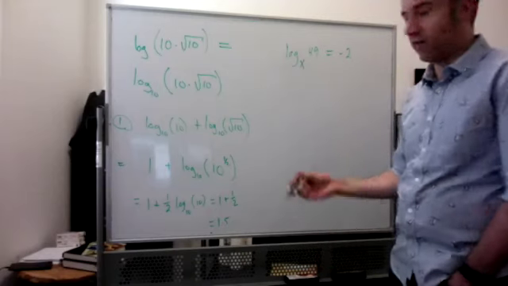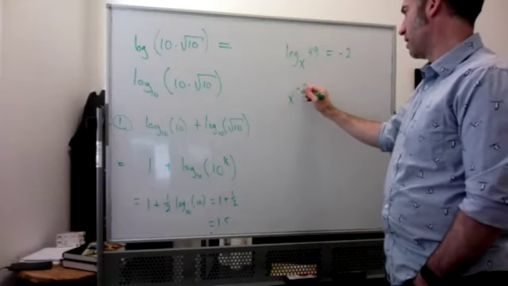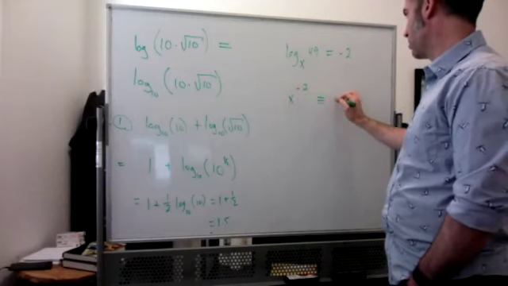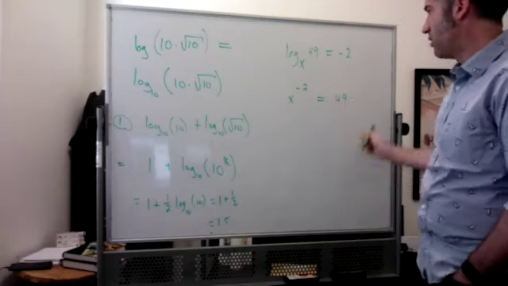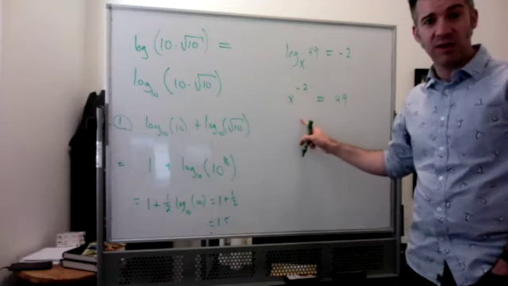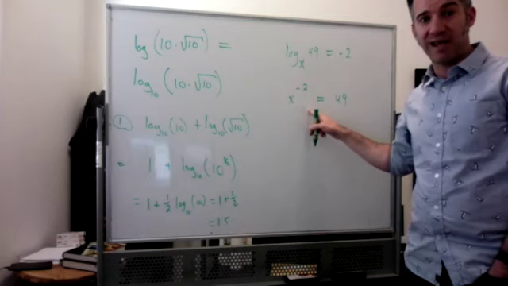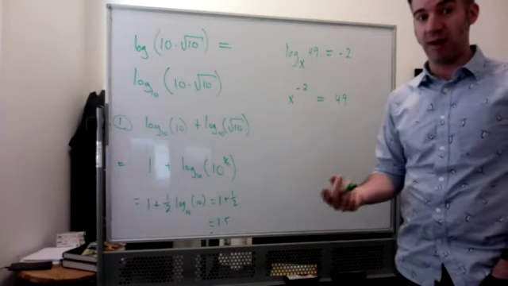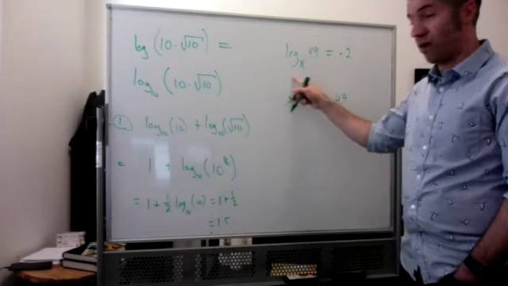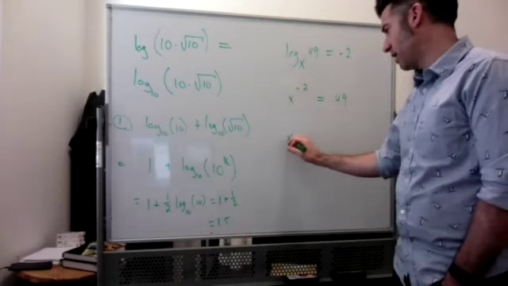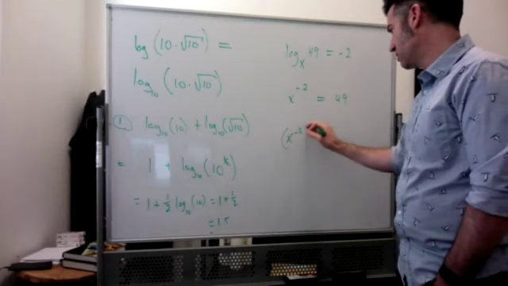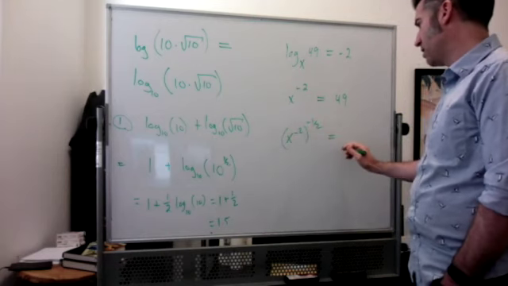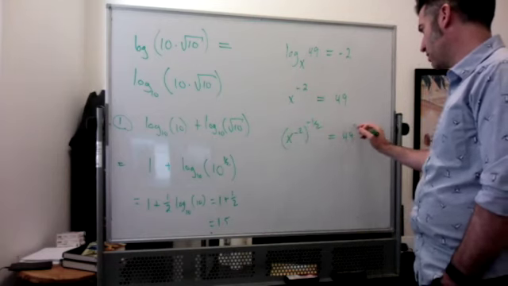And so I would solve this by writing x to the negative 2 equal to 49. And then there's a number of ways you can do this, but the easiest way, if you have x to a power and you want to isolate x, is just to raise both sides to the same power that's the reciprocal of this power. So I can say, oh, that means x to the negative second to the negative 1/2 equals 49 to the negative 1/2.